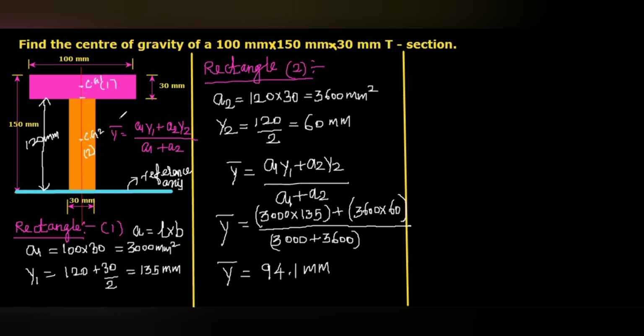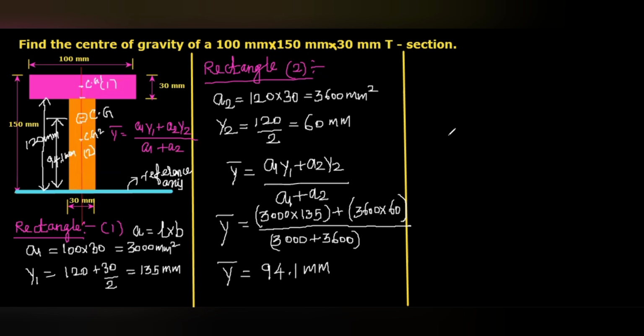Actually, this is the distance of the center of gravity of the area, that means the T section, from the reference axis. For y bar, the reference axis will be the bottommost line. I think up to this it will be 60 mm, so probably it will be here. So the center of gravity of the whole section will be from the reference at a distance of 94.1 mm.